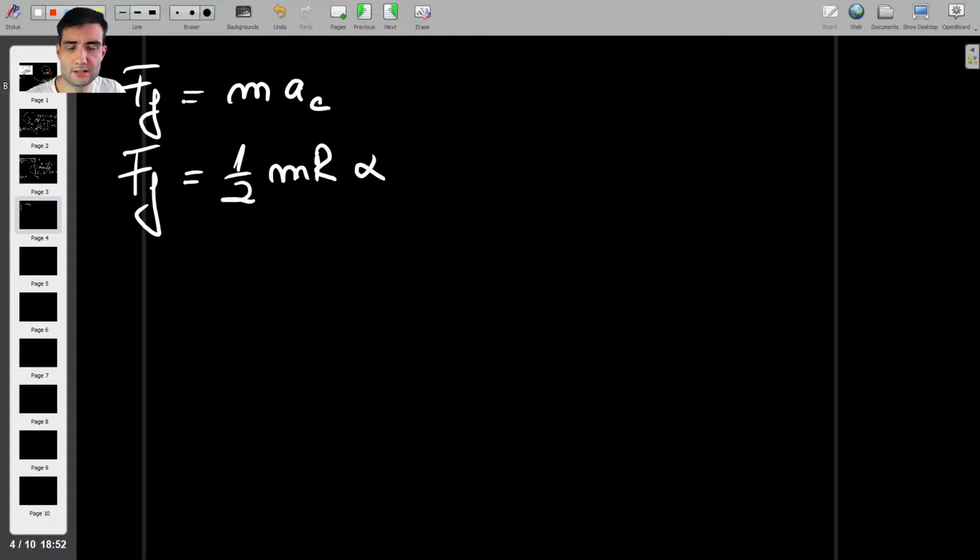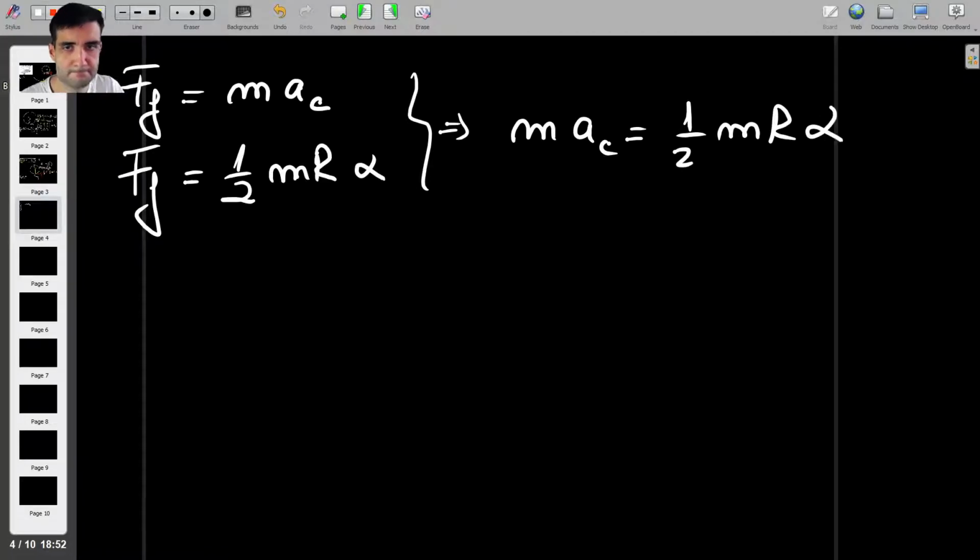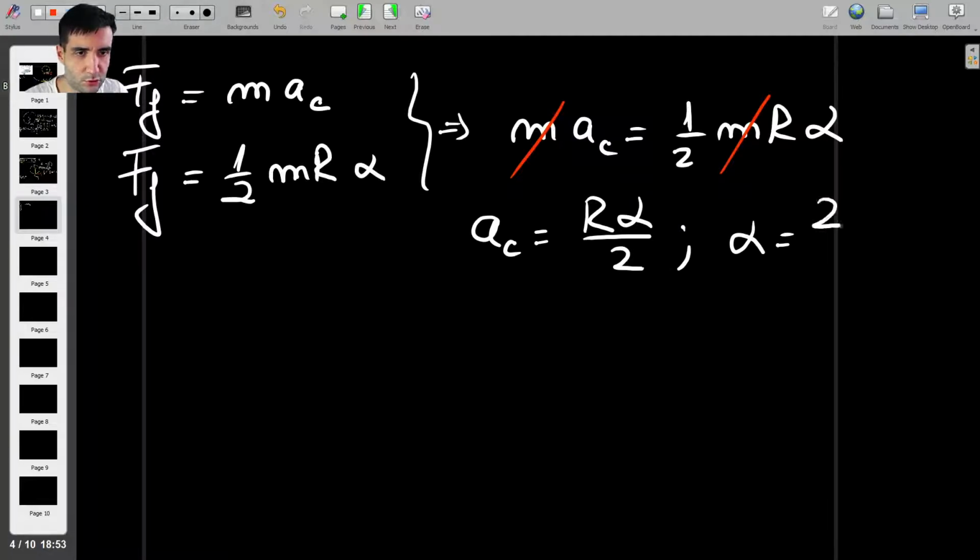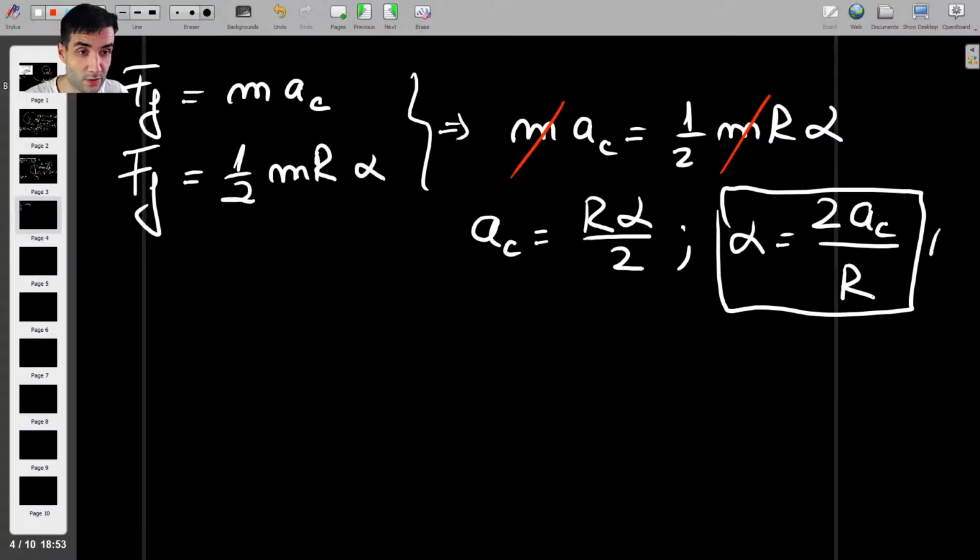So we can substitute for friction. So what this gives us is that m times AC is equal to 1/2 mr alpha. We can cancel out the m's. And what we get is that AC is r alpha divided by 2, or we can rearrange this to find alpha, which is 2 AC over r. And I'm going to call this one equation 2.